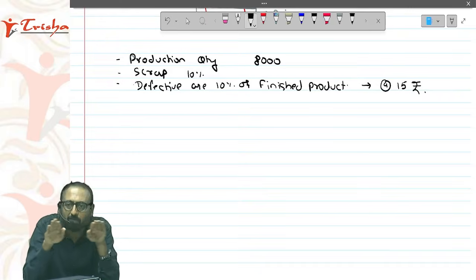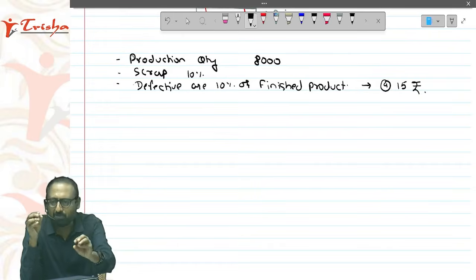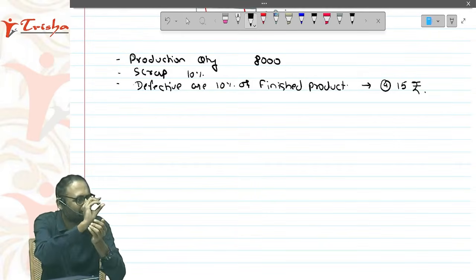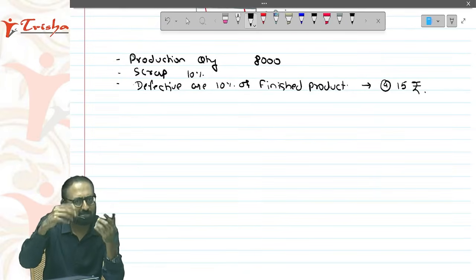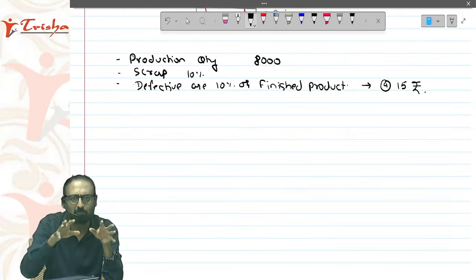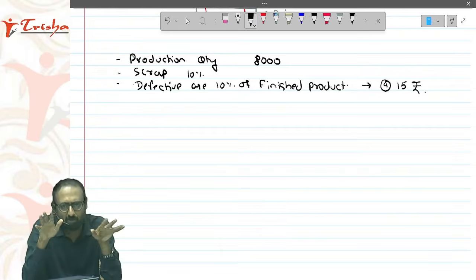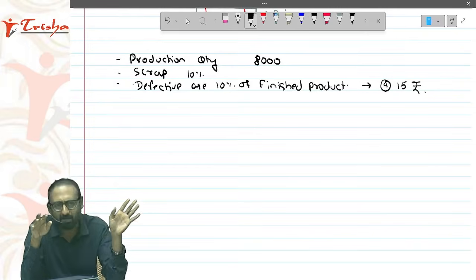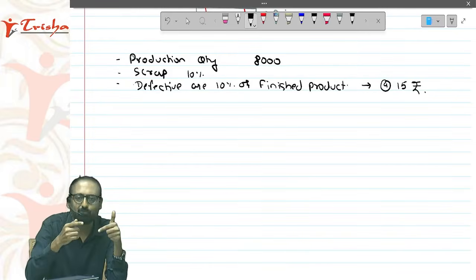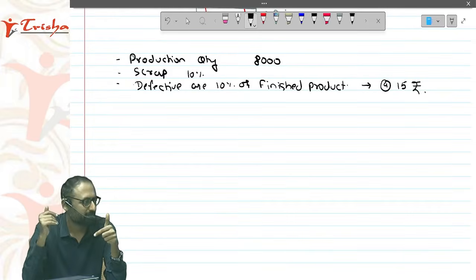Scrap cannot be reworked. Suppose while producing benches, iron and steel you will have to cut. That extra cut material is scrap. You cannot rectify and use it in the main production. So scrap cannot be reused or rectified. But defective units can be rectified.